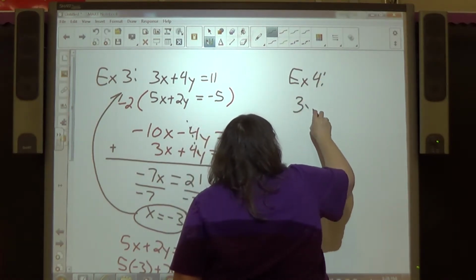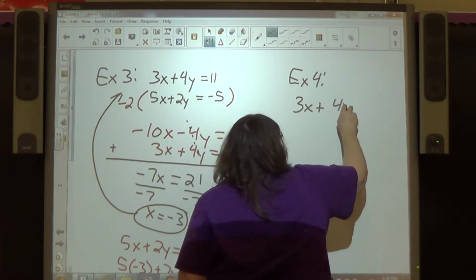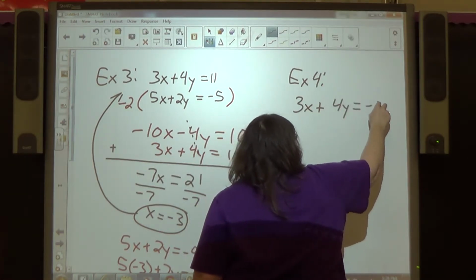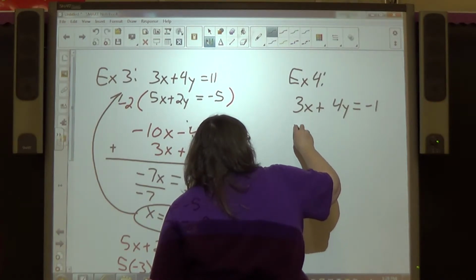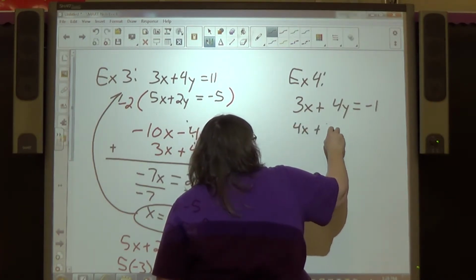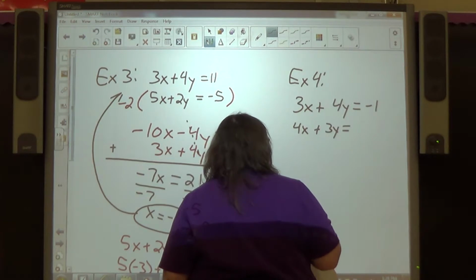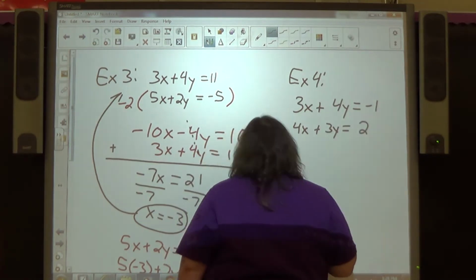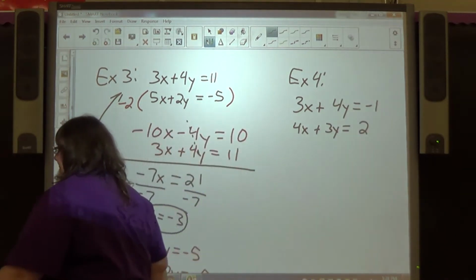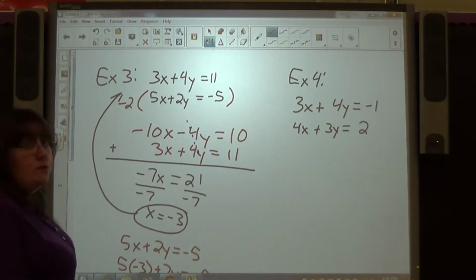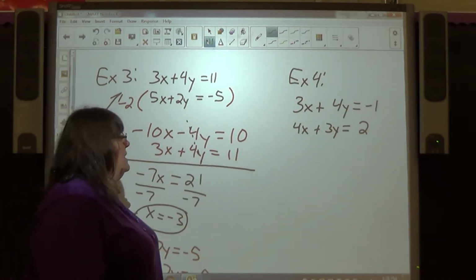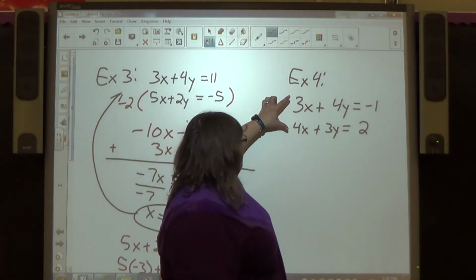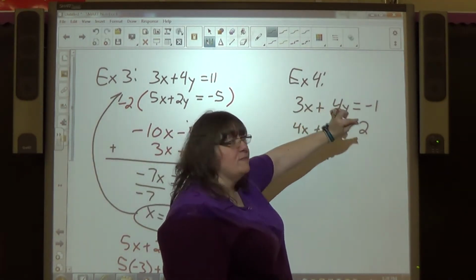If I have 3x plus 4y equals negative 1. And if I have 4x plus 3y equals 2. All right? No multiples, no opposite signs. So I need to look at this. 3 times 4 is 12, 3 times 4 is 12.